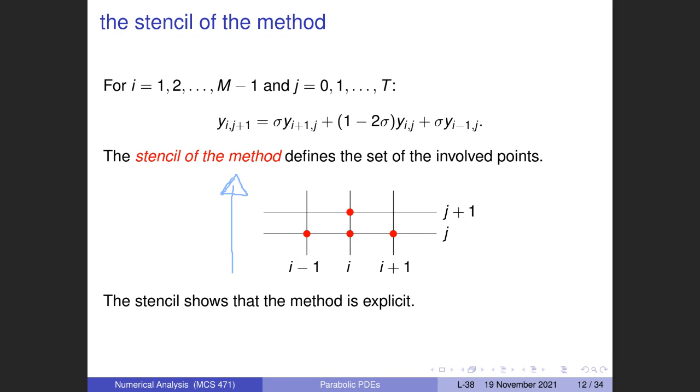Each time, to get the point here, this is our unknown point that we compute, the y i, j plus 1, we use the information from the previous location and the two neighbors. So this stencil also visualizes that we are dealing with an explicit method. There is no system of linear equations that needs to be solved.